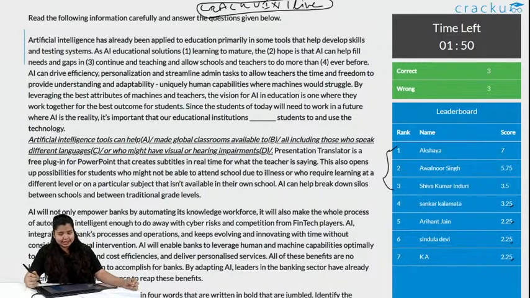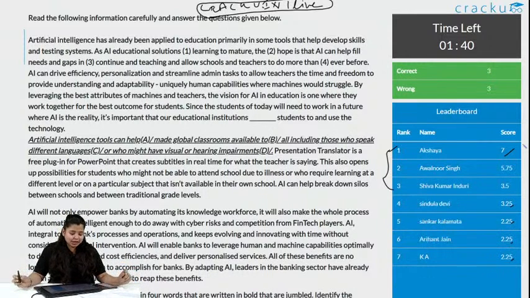Okay, Akshay is leading the board now. We have a new leader and the score is 7. Now that's cool. And there is last 1 minute 40 seconds remaining. Come on people, come on Madhu, come on Aryanth.